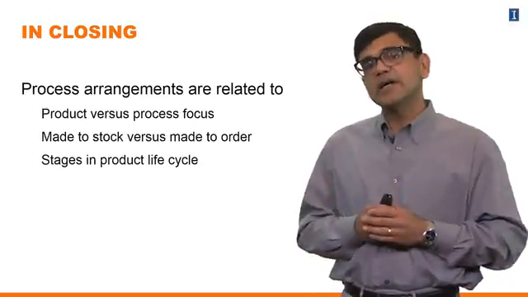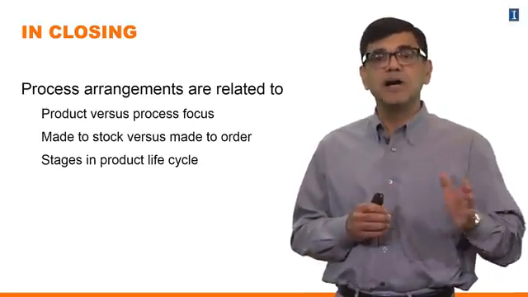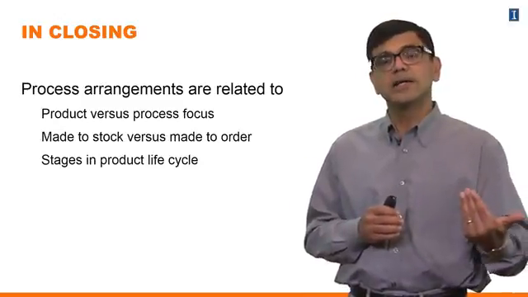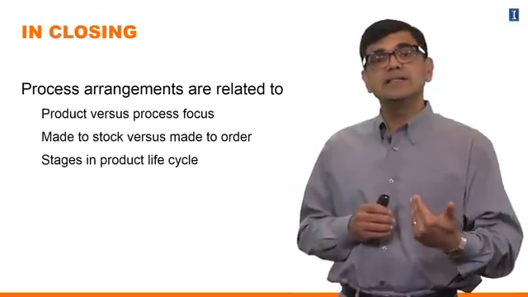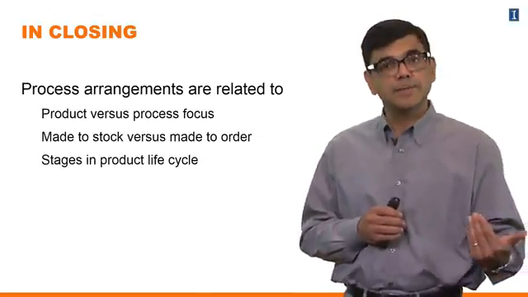If you think about stages in the life cycle of products, you might start off with a new product not having enough volume to be able to justify a dedicated line for producing that product, right?